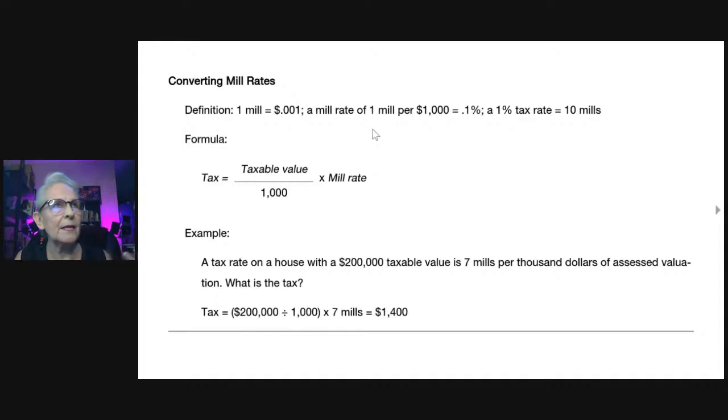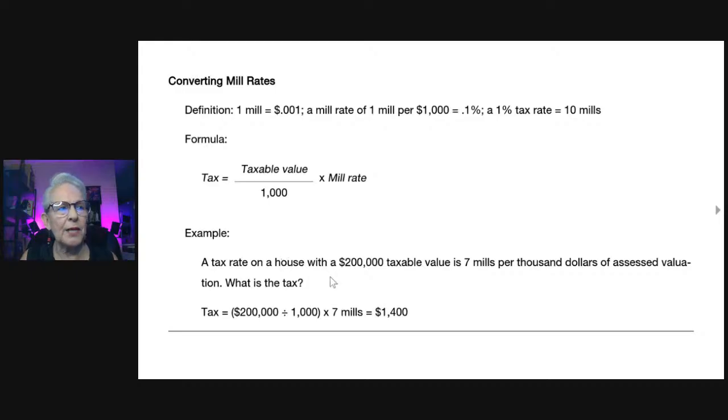It's not the real market value. It's the assessed value by the county. So taxable value, 500,000 divided by 1,000, 1 mill, times the mill rate, 1% tax mill rate.